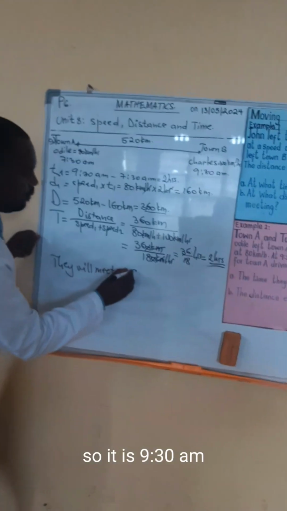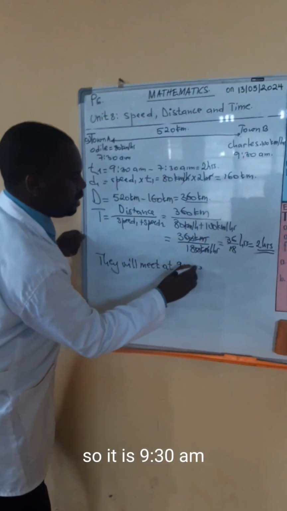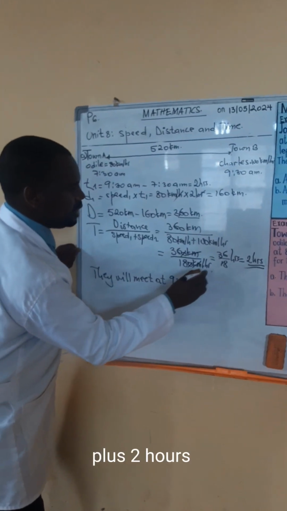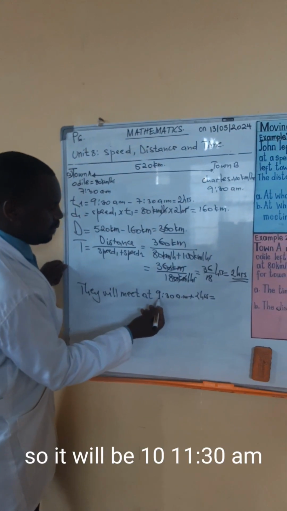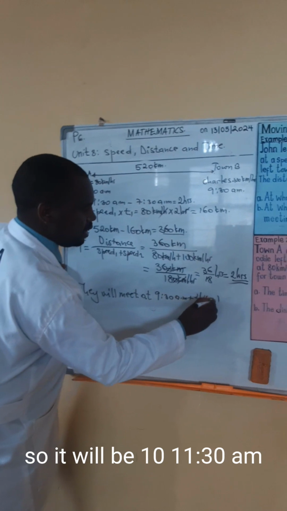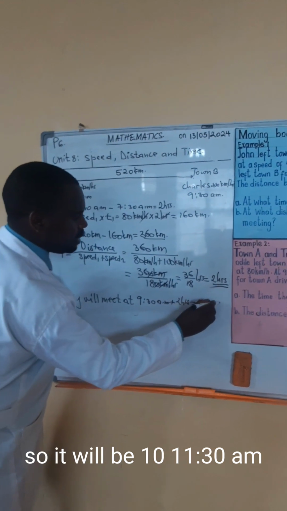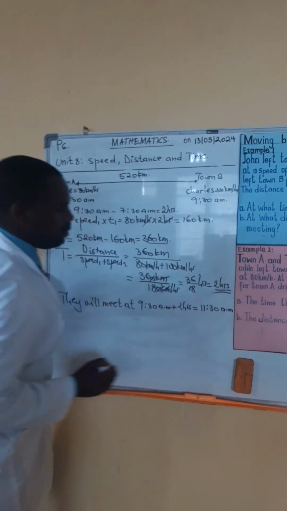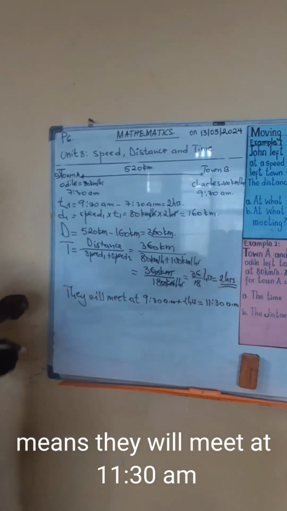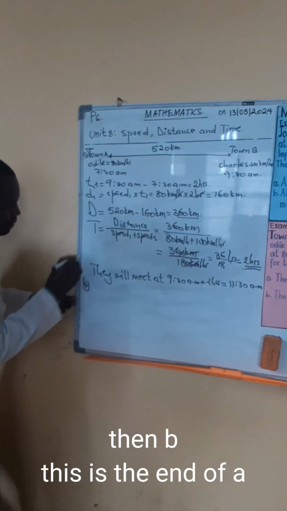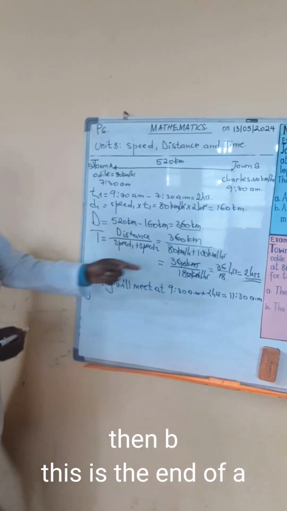So it is 9:30 a.m. plus 2 hours. So it will be 11:30 a.m. It means they will meet at 11:30 a.m. Then B, this is the end of A.